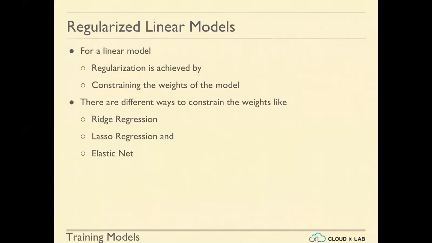A question from Noor is, in a linear model, what could be the degree of freedom? In a linear model, we have weights, right? So a linear model is nothing but weight 1 x1 plus weight 2 x2 plus weight 3 x3 and so on. So we have that many weights. So the number of weights and how much each weight could change, what kind of values can it assume?